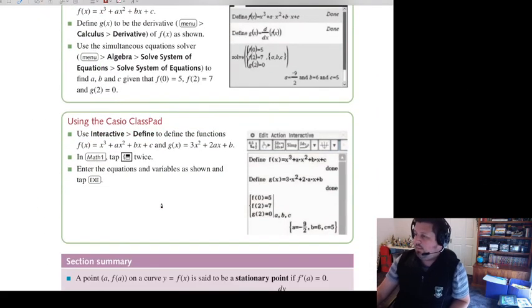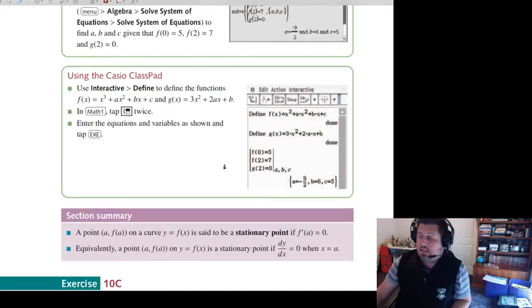As always, you might choose to have a bit of a play around with your CAS calculator on this. Actually, as it says here, you can define each of these equations. So this was the one from example number 14. They've defined f of x as the original equation. They've defined g of x as the derivative of f of x, and then they've put in the information from the question as well.